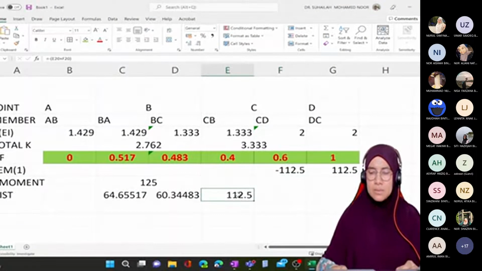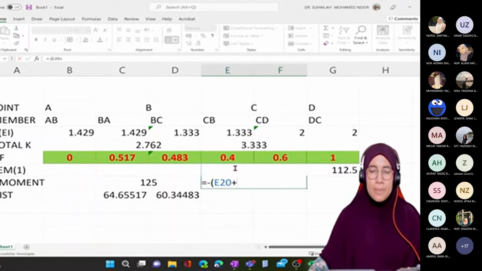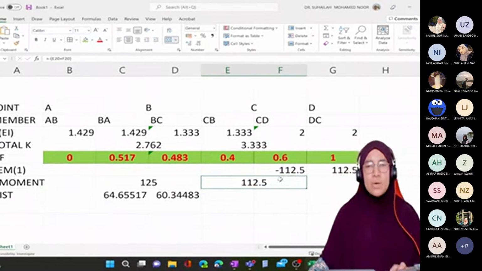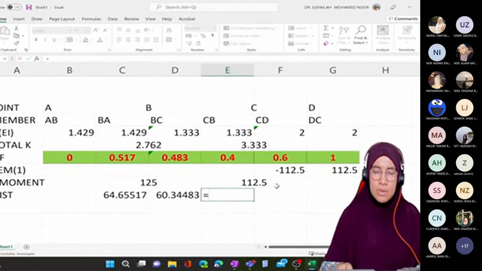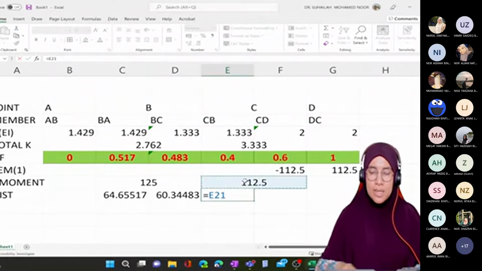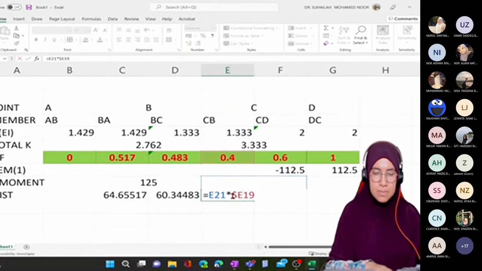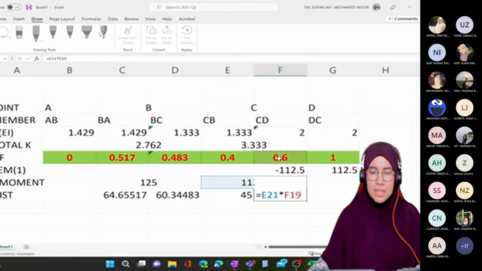Zero plus the joint moment of 112.5. So here we want to distribute the joint moment, meaning this one times the factor, and this 45 times the factor.